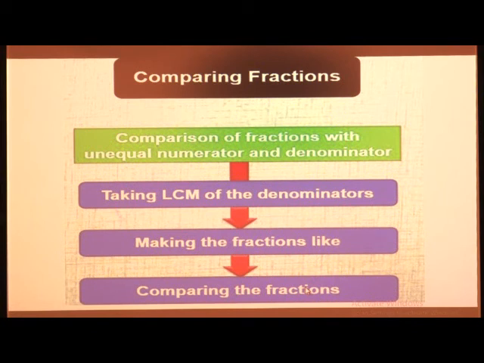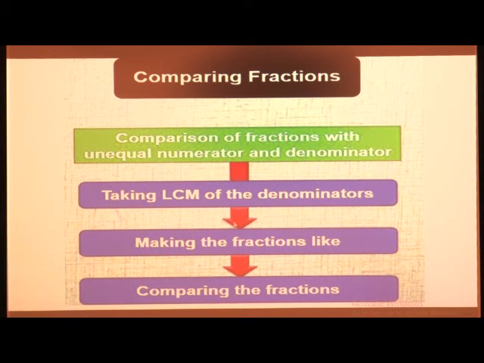Again I will repeat the steps for comparing fractions with unequal numerators and denominators. When the denominators and numerators are different numbers, to make the denominators the same, first take the LCM of the denominators.